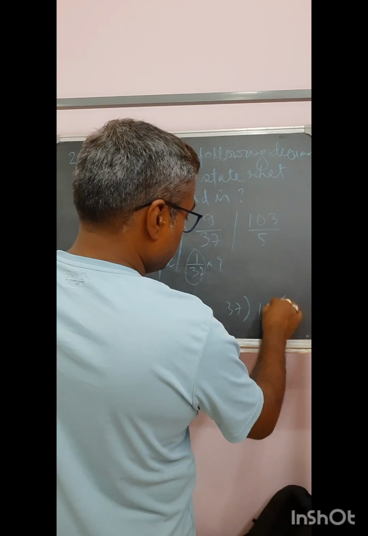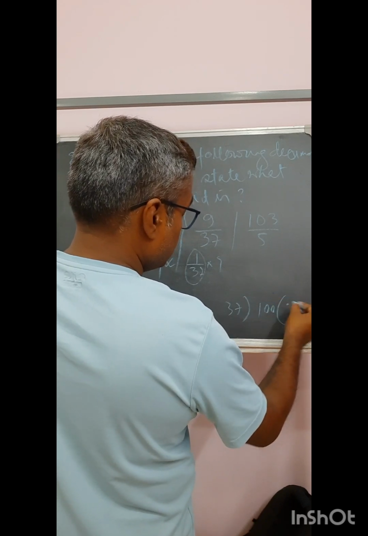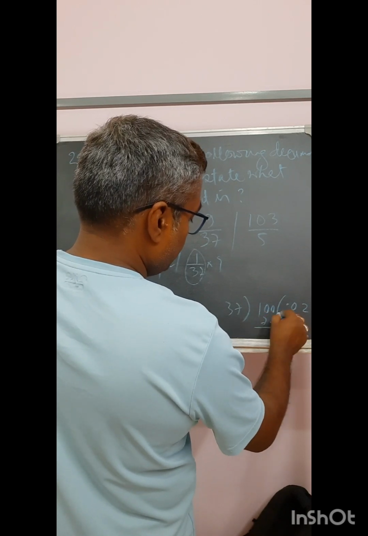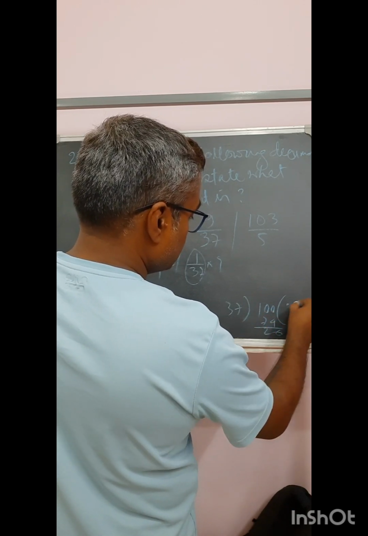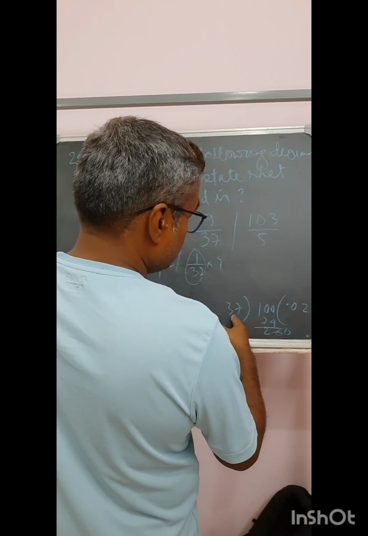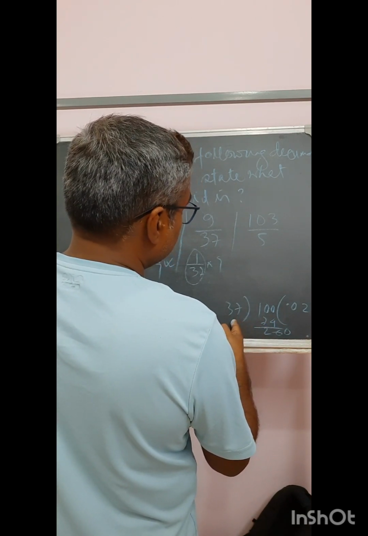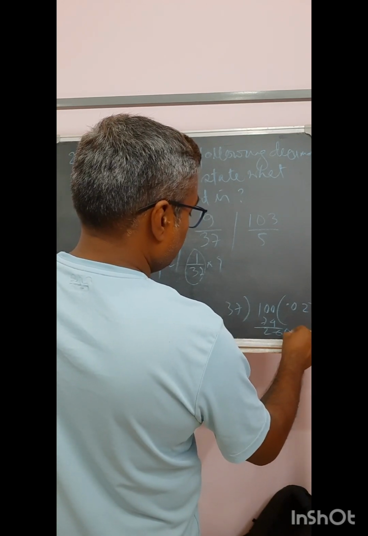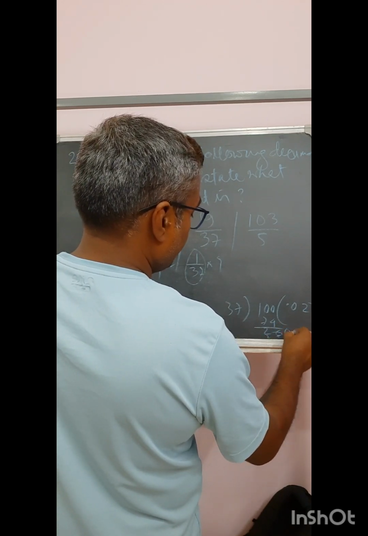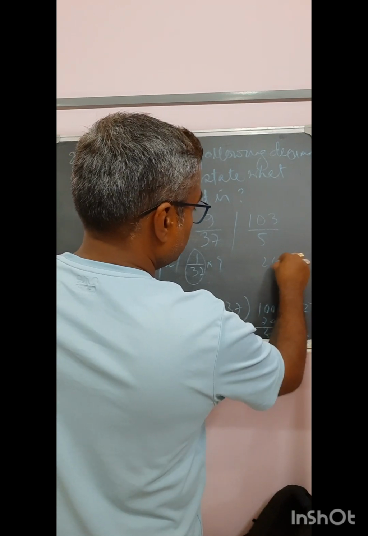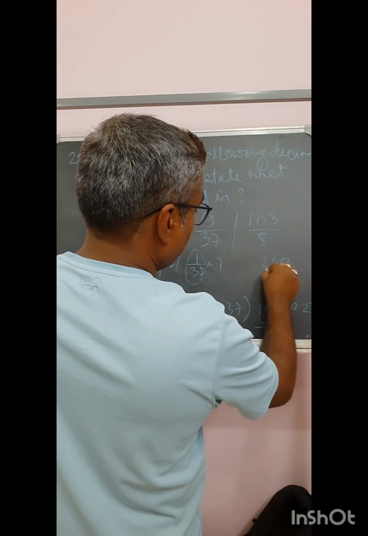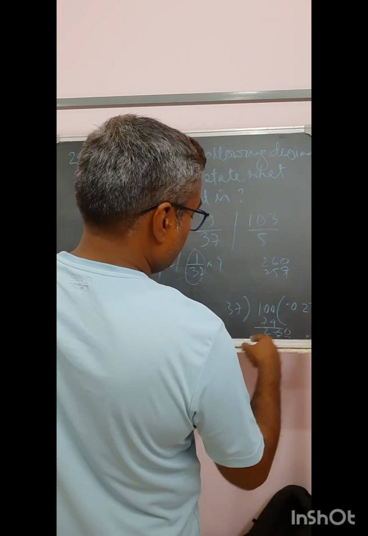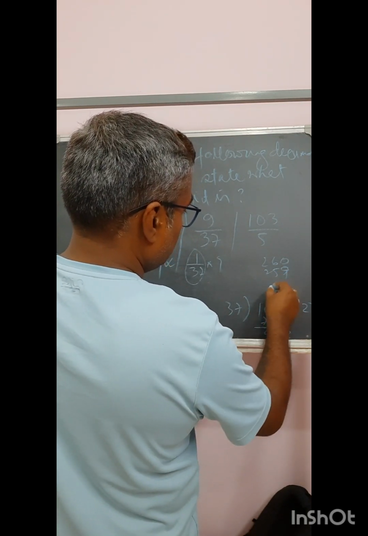So if I take 0, then 0, 37 into 2 times is 74, it will give you 26. 0 already there, 37 means how many times? 7 times, 7 7 49.